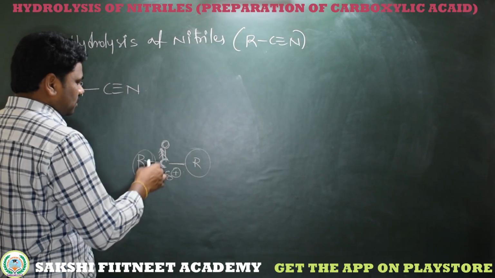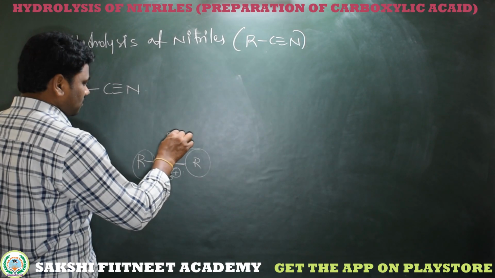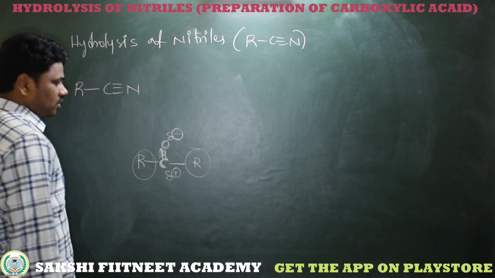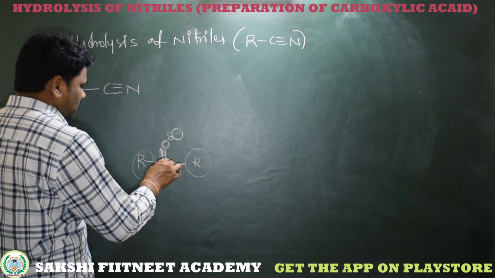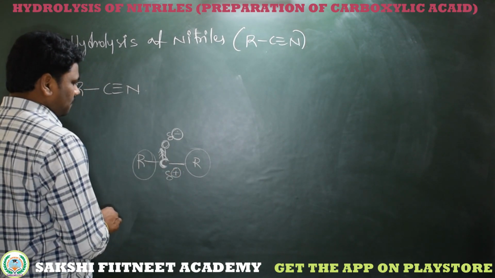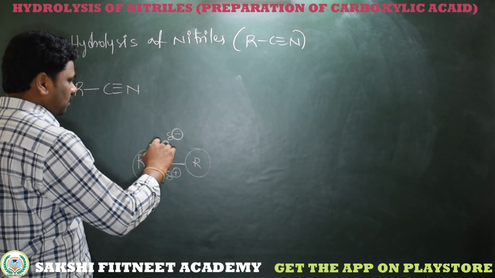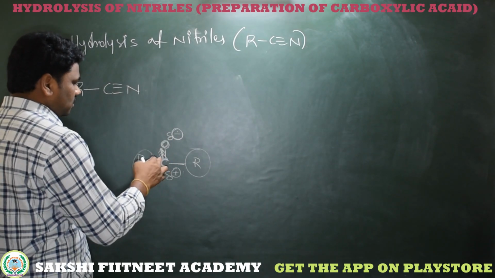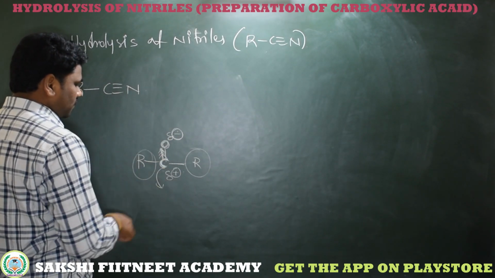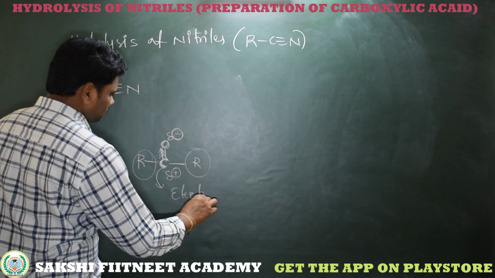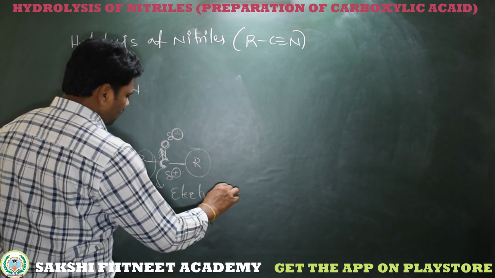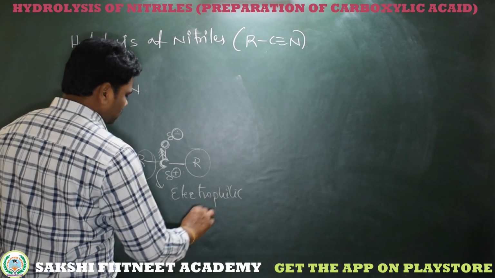So the electron cloud around the carbon decreases and it becomes partially positive, while oxygen becomes partially negative. This carbon, due to electron deficiency, acts as an electrophile or electrophilic center.